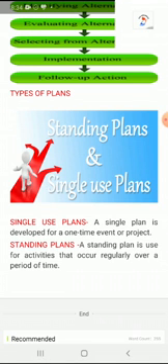So, what are single use plans? A single use plan is developed for a one-time event or project. A standing plan is for activities that occur regularly over a period of time. We will add a few more points on single use plans and standing plans. As the definition says, a single use plan is developed for a one-time event or project.